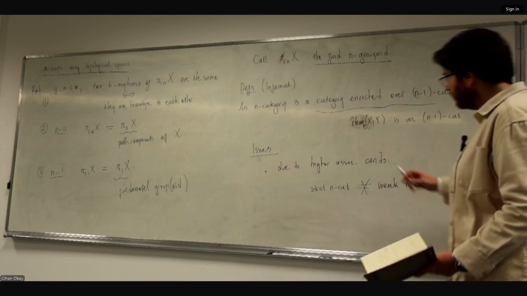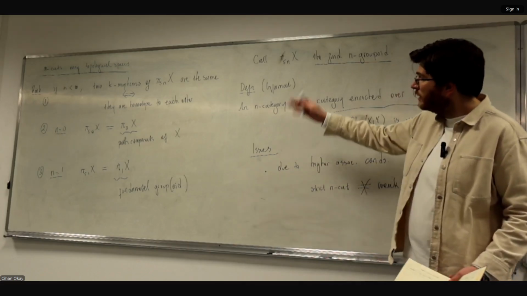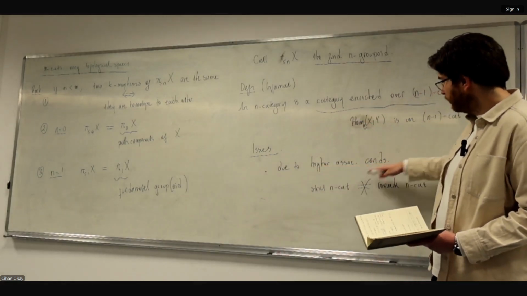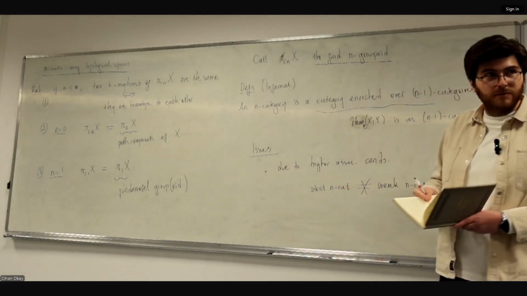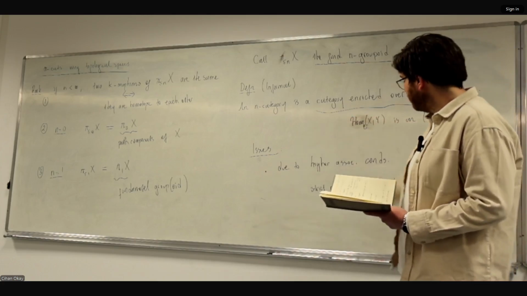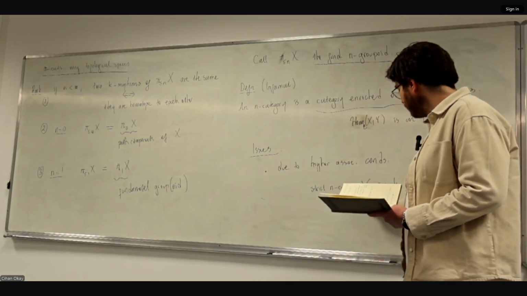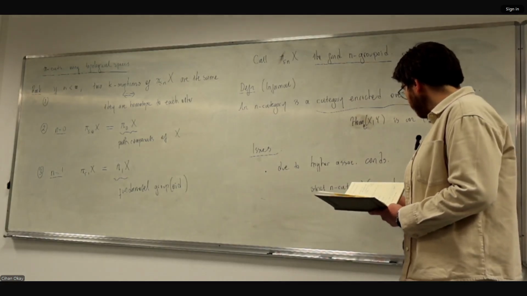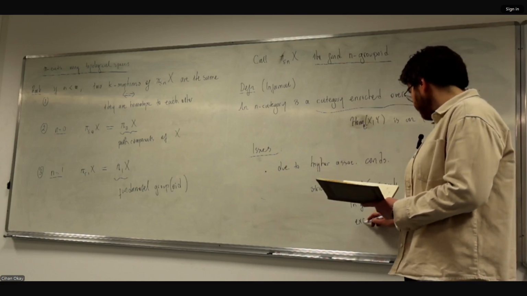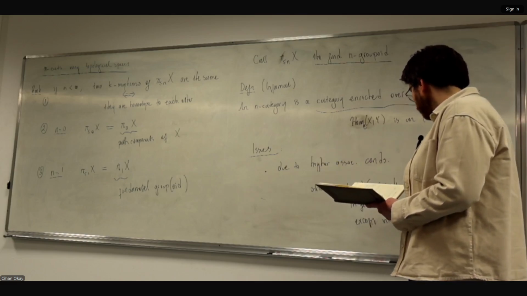Even if you can really write down all possible higher coherence rules for three categories, it turns out to be very complicated. So you cannot just apply this naive definition. This is not true in general, except we have an exception, n equals 2.